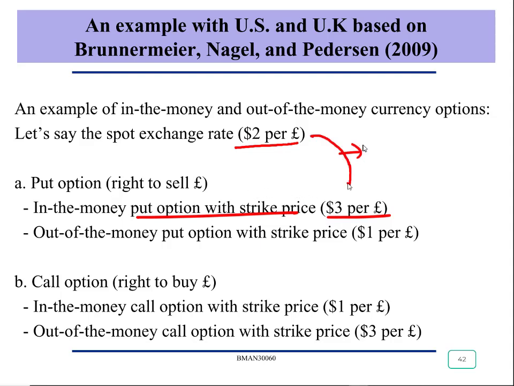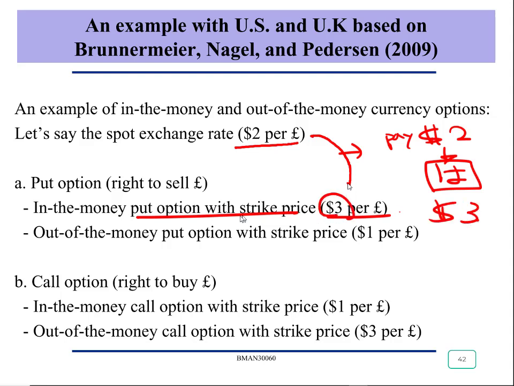You can go to the spot FX market and pay $2 to get 1 pound. And then you exercise your put options to the seller of the put options. So you sell 1 pound to that guy and get $3 right away.